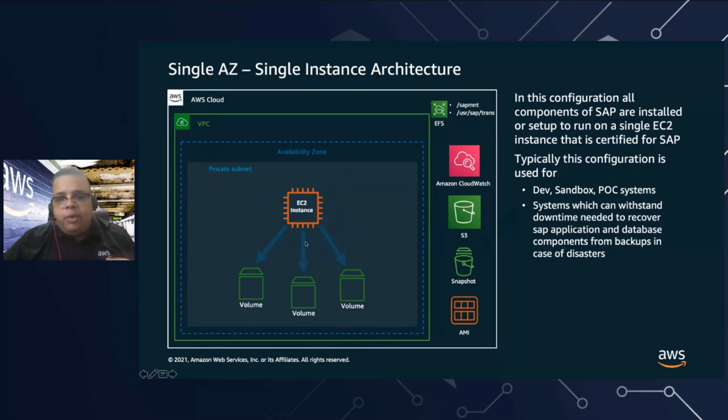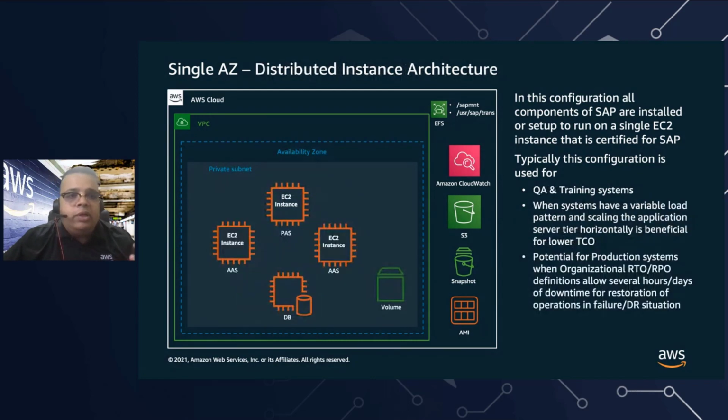Now, when I talk about separating the components out, I'm referring to the distributed instance architecture pattern. As you can see, components are separated out. In this pattern you have another advantage: you can save some cost by shutting down a certain number of application servers when they are not required. Let's say you have a training system which is used for training your employees on SAP.